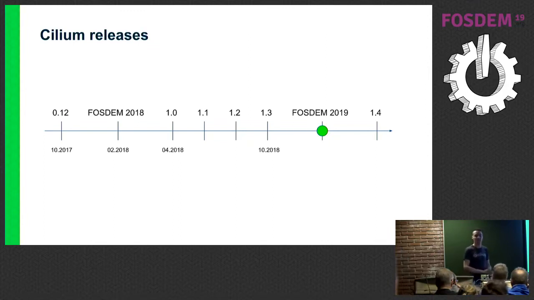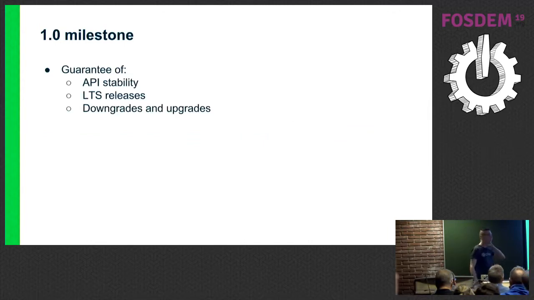Now the newest version, which was released around November, is 1.3, and the version which we are preparing to release after FOSDEM is version 1.4. From the 1.0 milestone, Cilium guarantees API stability, support of releases, and downgrades and upgrades between each version, which wasn't that obvious before version 1.0 was released.